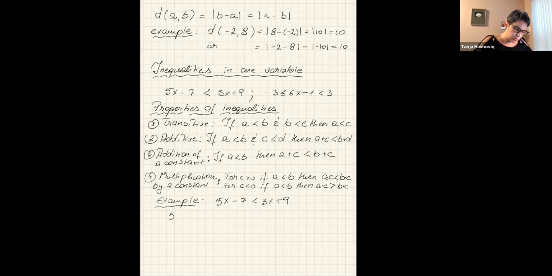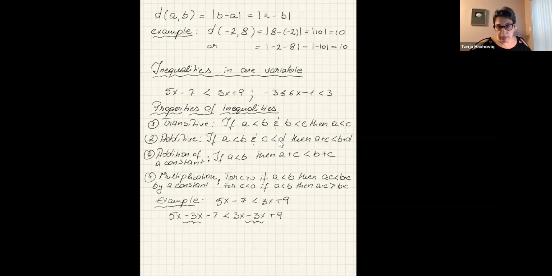To do this, you will add negative 3x to both sides of this inequality. So I added negative 3x to both sides.